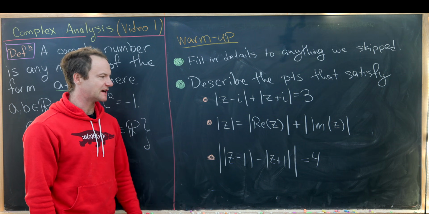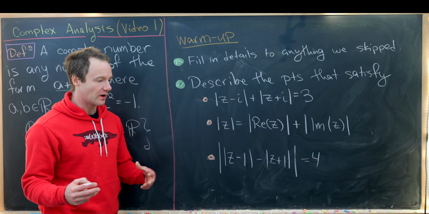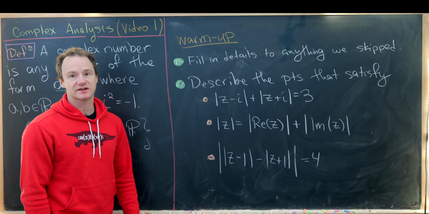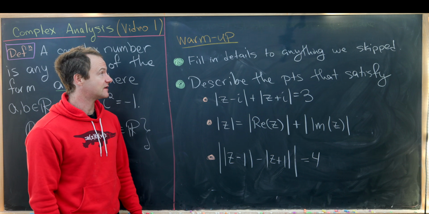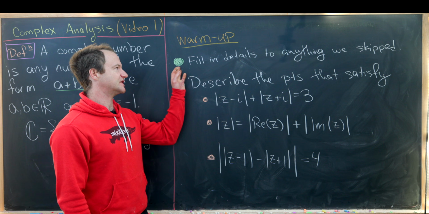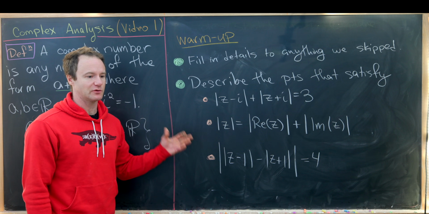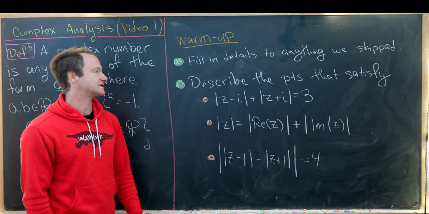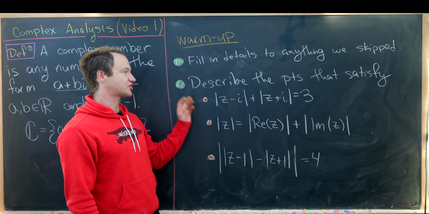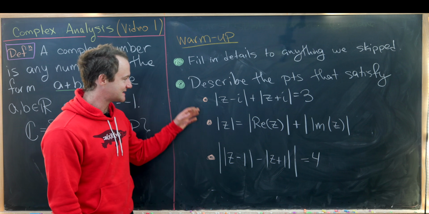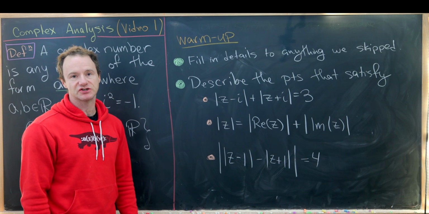Okay, so here's some nice problems that would maybe warm you up to work on some harder exercises based off of this stuff. So the first of which is to fill in the details for anything we skipped. So that would be like the last example or the two portions of that proposition. Next, describe the points in the complex plane satisfying these three equations.